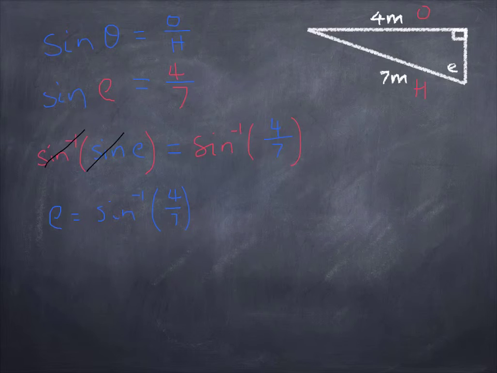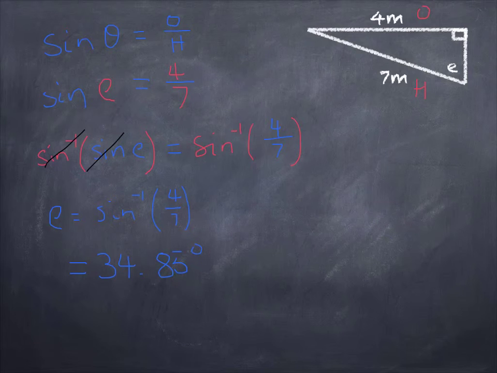Beautiful. This is something we can chuck in a calculator. Chucking this bit in the calculator. It's nice and easy. That gives you an answer of E equals 34.85 degrees.